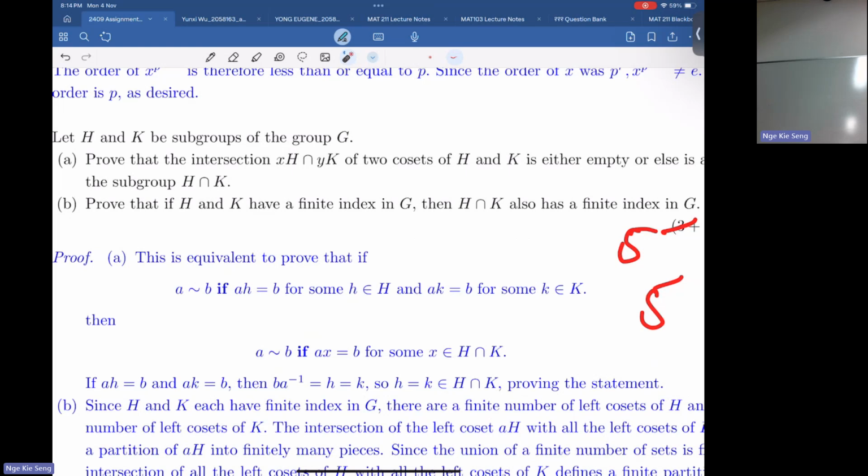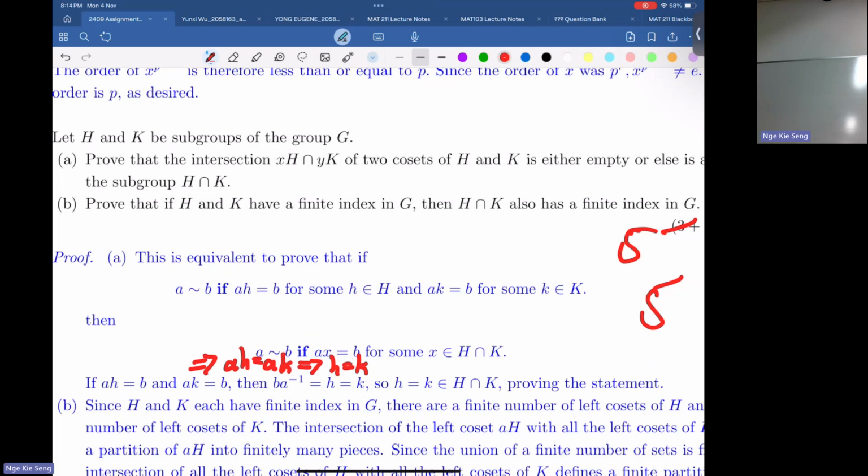So what do I do here? What I do here was I just equate these two. So let's see. So this implies that AH equals AK. But what is AH equals AK? By cancellation law, you know that h equals k. Okay, h equals k. So really, h equals k.